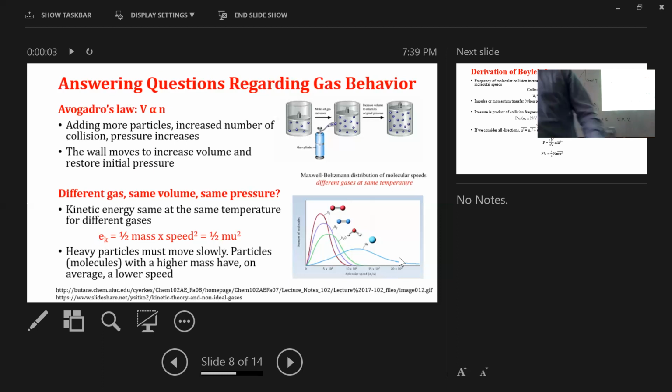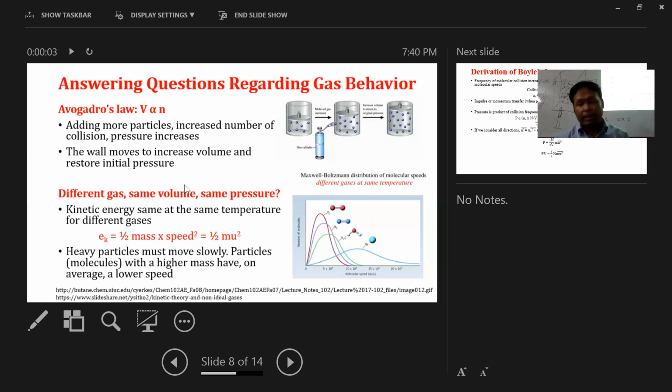So adding more particles increases the number of collisions, pressure increases, same thing. The wall moves to increase volume and restore the initial pressure. Anyway, we are considering if you add more molecules in the same container, that means an open container.